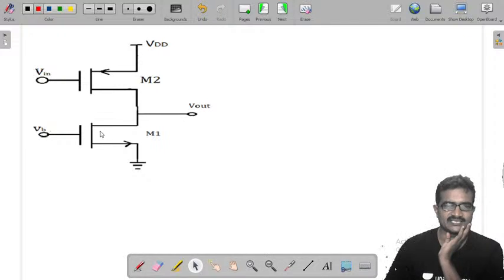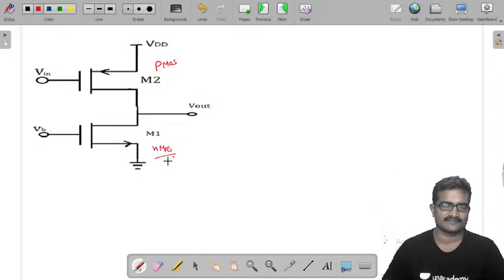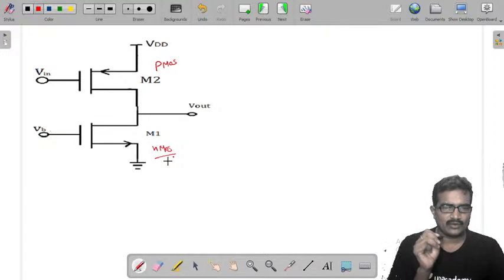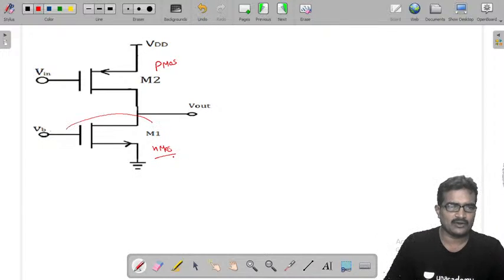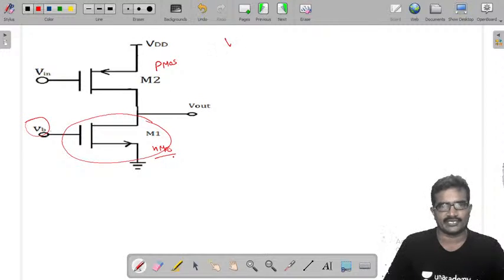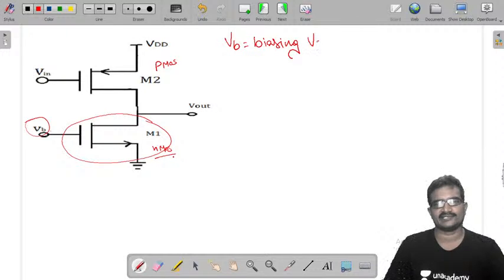You observed that it is a PMOS and it is an NMOS. First we need to calculate the biasing voltage. VB means biasing voltage.